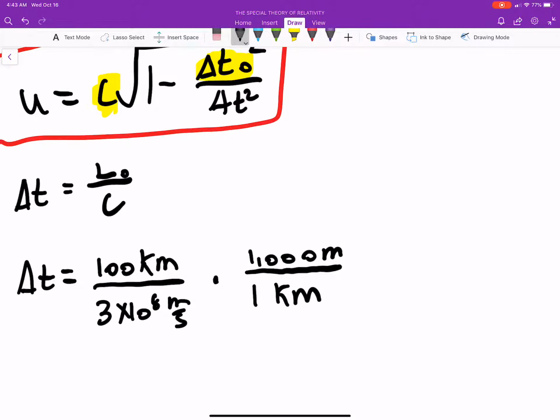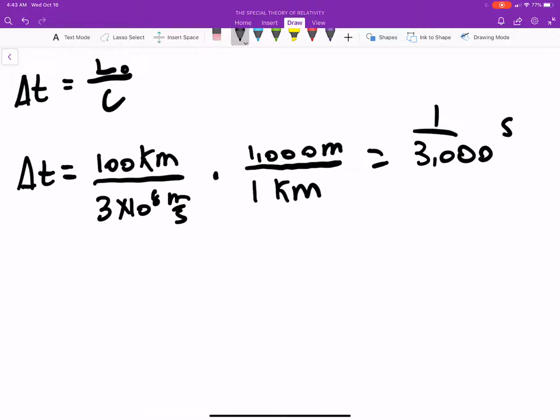Times 1,000 over 3 times 10 to the 8th. Okay. Ends up being 1 over 3,000ths of a second, or 333 microseconds.